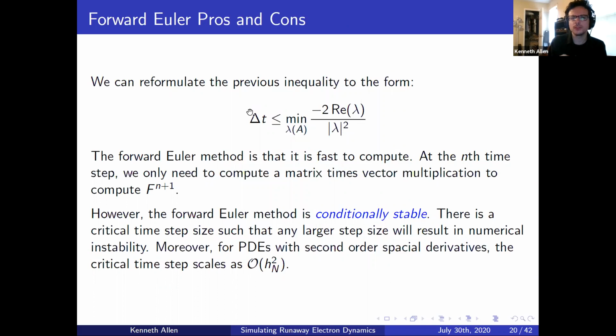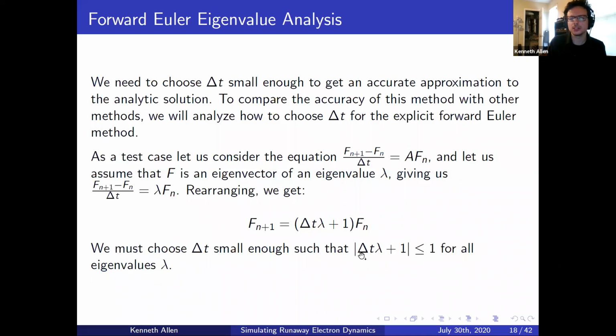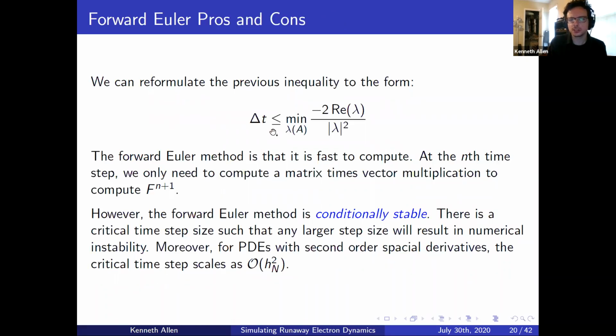We can reformulate this inequality, delta t lambda plus 1 less than or equal to 1, as choosing delta t small enough such that delta t is less than or equal to the minimum over all eigenvalues of A of 2 times the real part of the eigenvalue over the magnitude of the eigenvalue squared. This is the restriction of the forward Euler method: we need to choose delta t to be this small. That's why we call the forward Euler method conditionally stable.